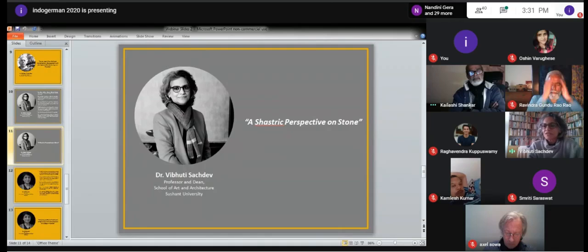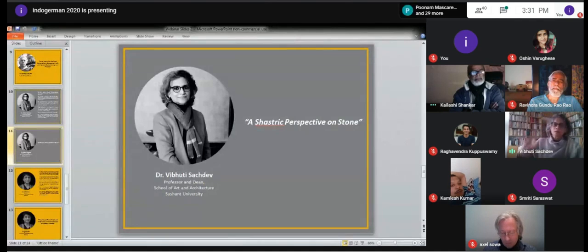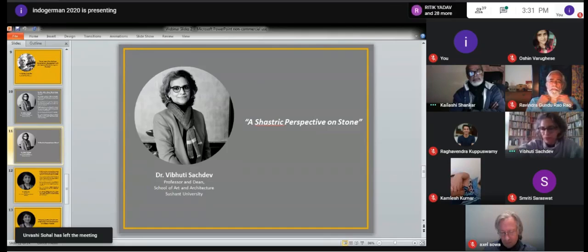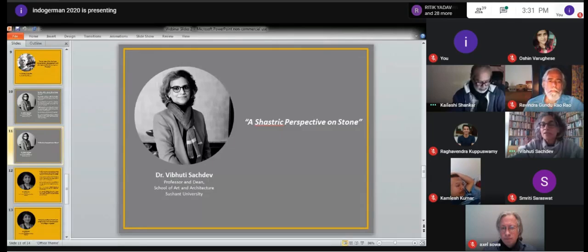And of course, in the Indian lexicon, there are lots of words which open up a lot of meanings. There's Pashan, there's Shila, and I'm not going to go into that because that's the subject of another discussion.